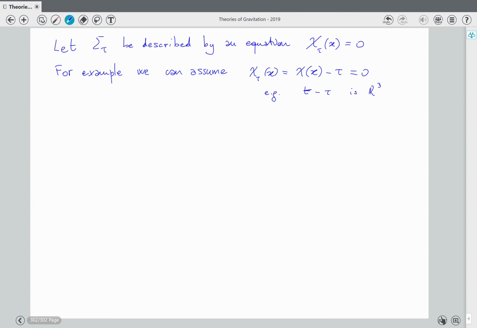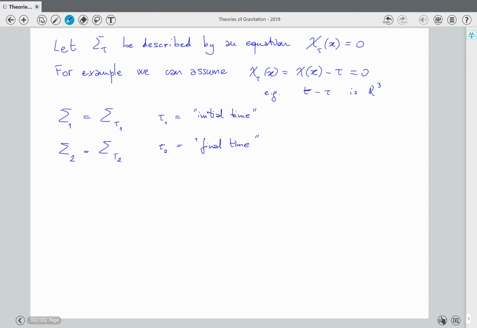And sigma 1 will be the sigma for tau equals to some tau 1, which we call initial time. Sigma 2 will be the same sigma at some time tau 2, and that will be the final time.